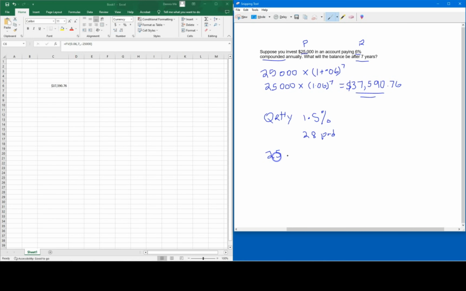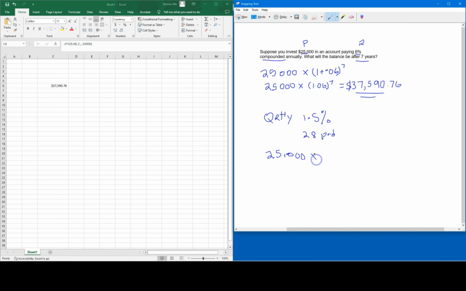Now, when we calculate this, it would become 25,000. Bear with me, guys, as I work with a mouse. I should be using my pencil, but I'm actually using a mouse.